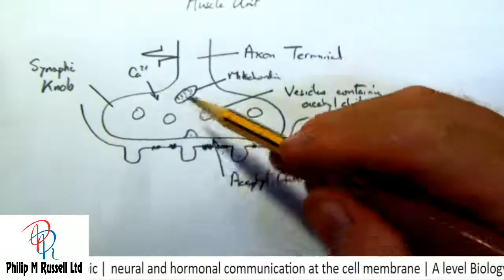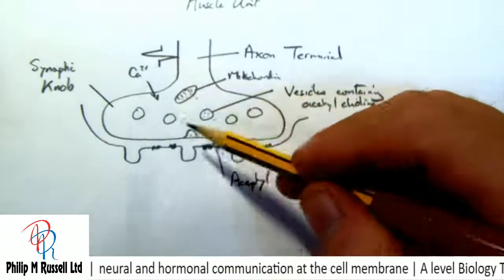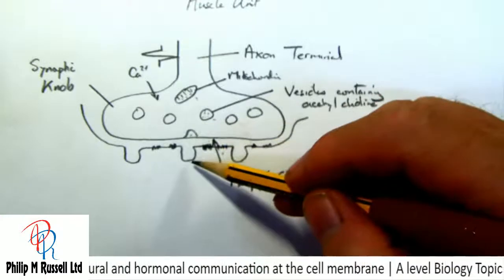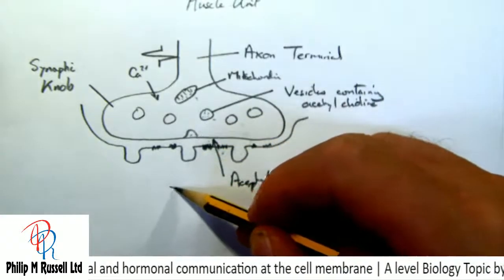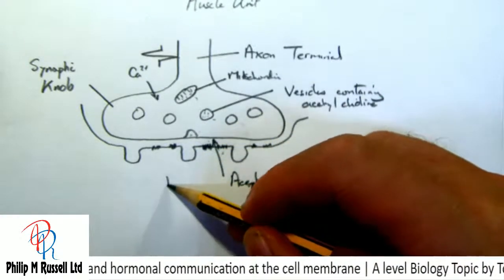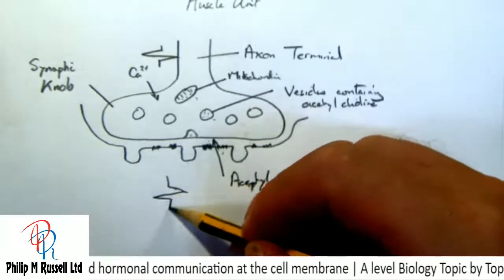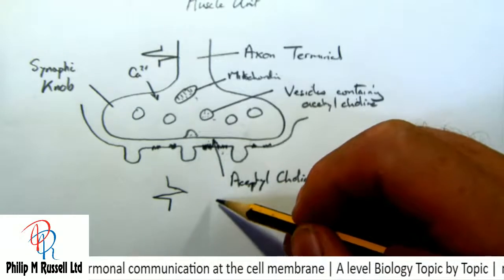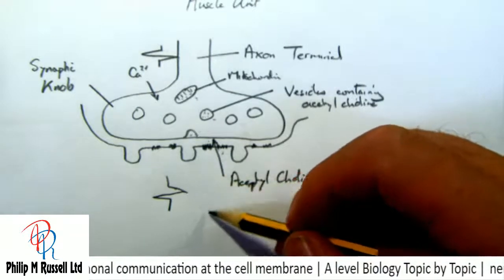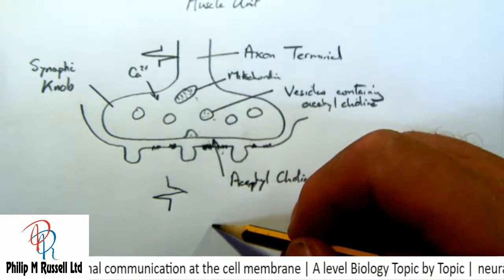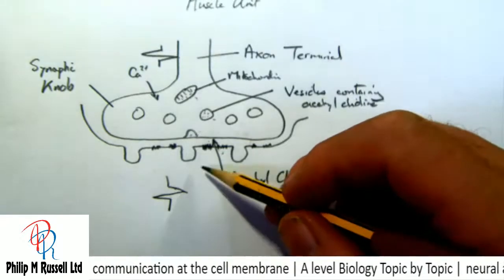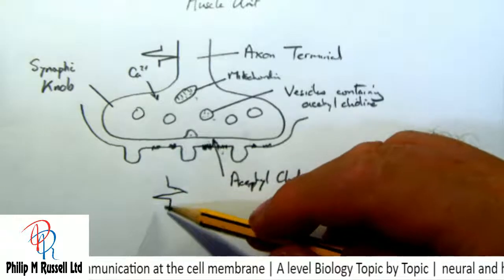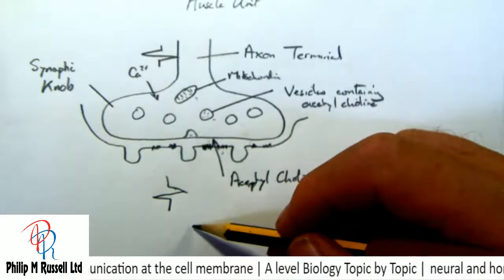So we've got this coming in, we've got almost a standard type of synapse, and then we're also going to get some sort of depolarization of this particular sarcolemma, and that travels deep into the muscle fibre, spreading around through these tiny little tubes that go round, which resemble endoplasmic reticulum.